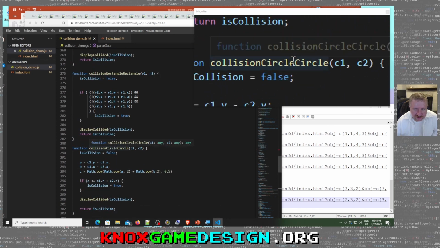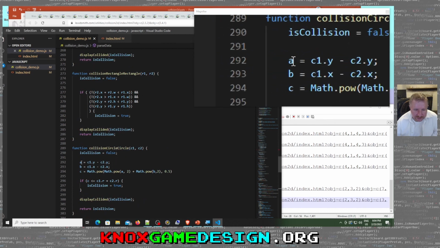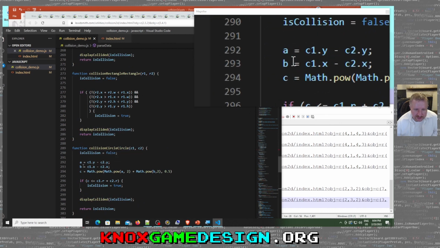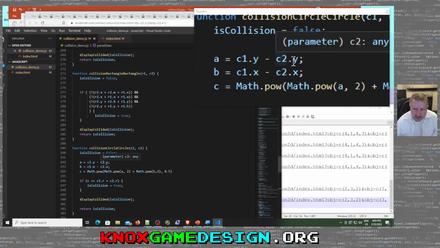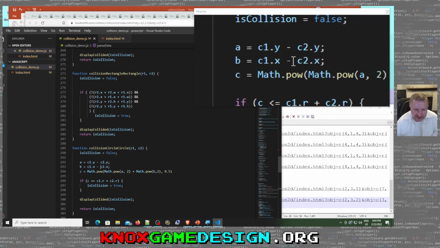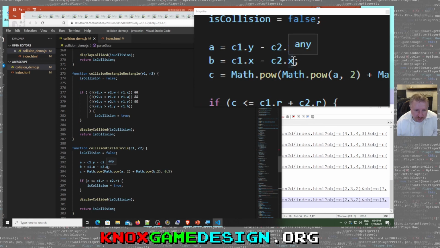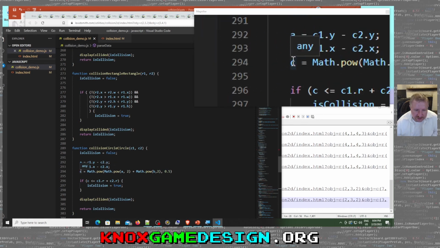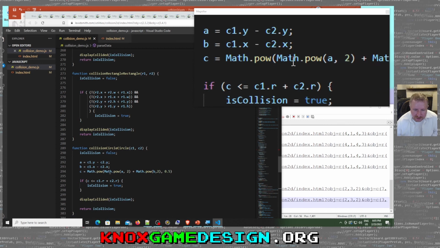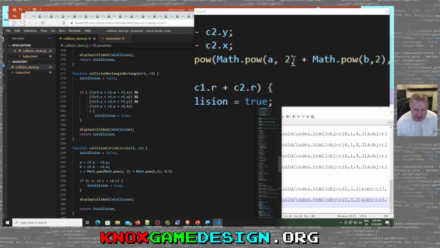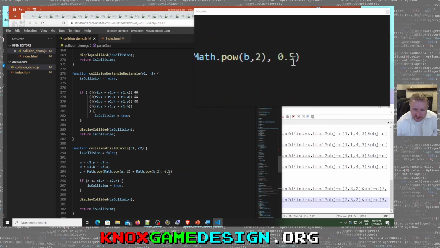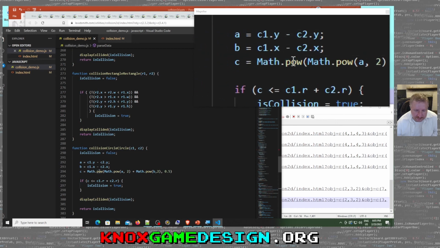And here's the collision circle right here. So we calculate our A value, which is the difference between the Y's. The B value is the difference between the two X's, which are the center points of the two circles. And we use Math.Pow to get the square root of the sum of the two squares, just using 0.5.